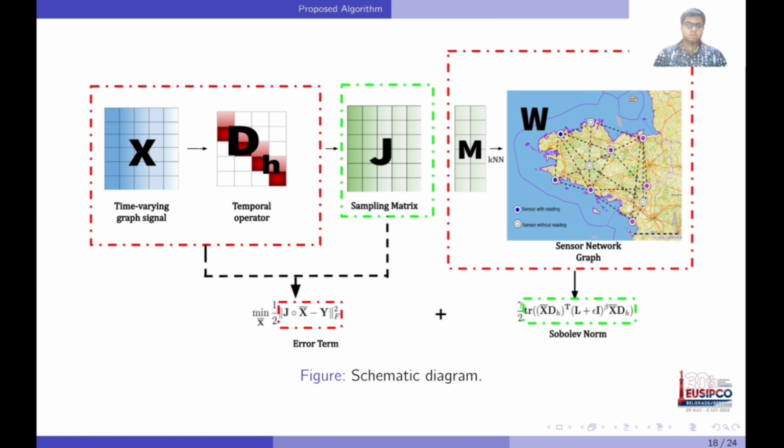So basically, the temporal difference operator helps to incorporate the spatial as well as the temporal information. Based on these two terms, we finally formulated the Sobolev norm reconstruction algorithm for time-varying graph signals, which helps to reconstruct those unavailable values we have with us.